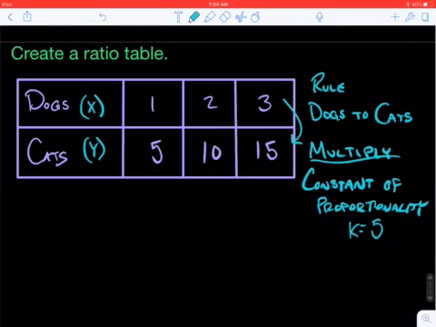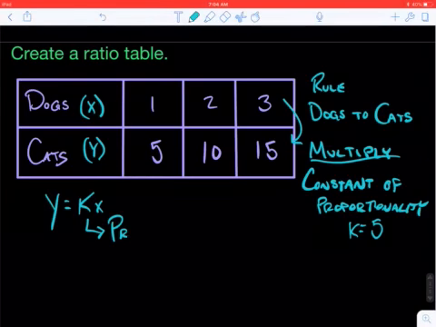Now, if you remember, I showed you these equations that were in this form. Okay? This means that this value here is that constant of proportionality.